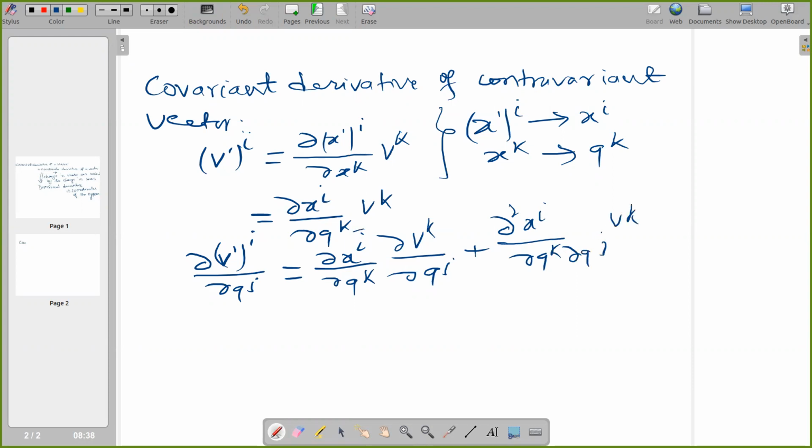Here we can see the first term on the right hand side of the equation, del xi over del qk, is actually the covariant basis vector, epsilon k. When we write this equation in terms of the covariant basis vector, we can express it as a single vector equation.